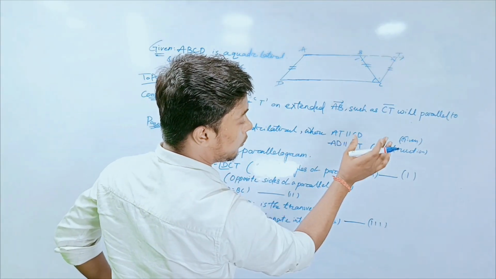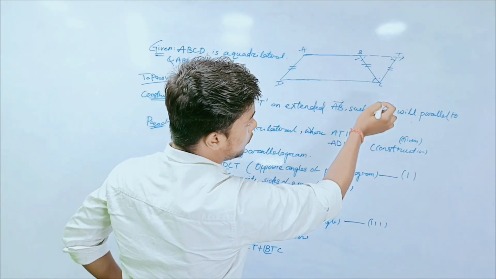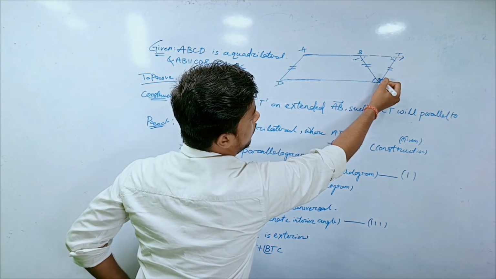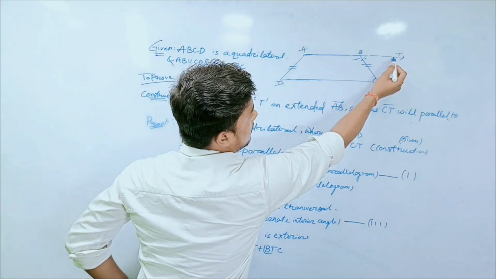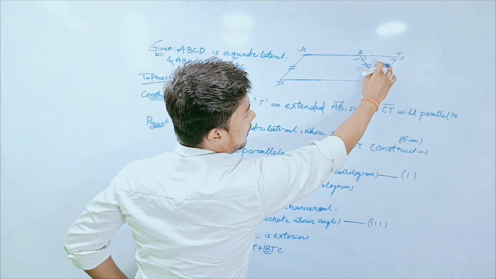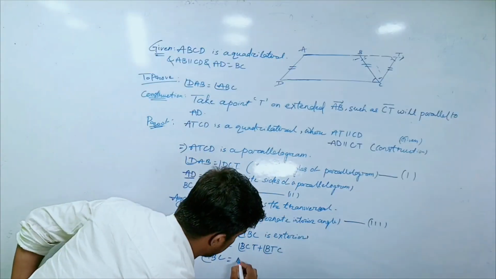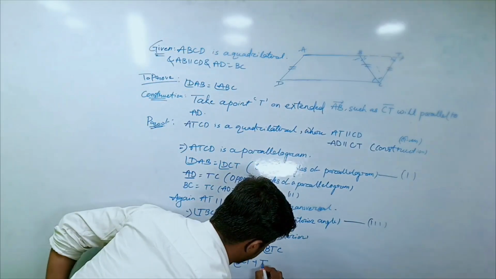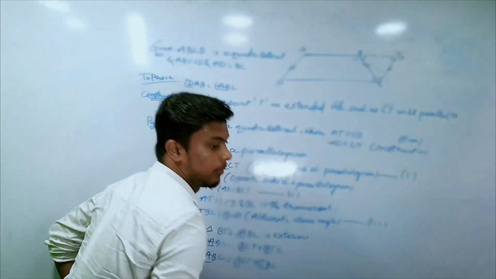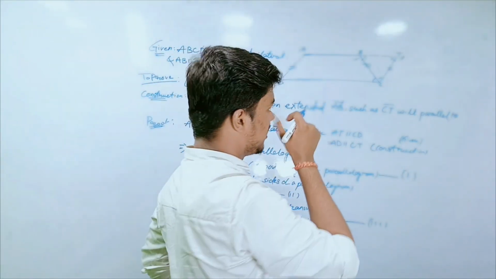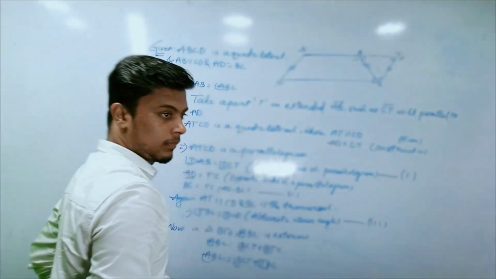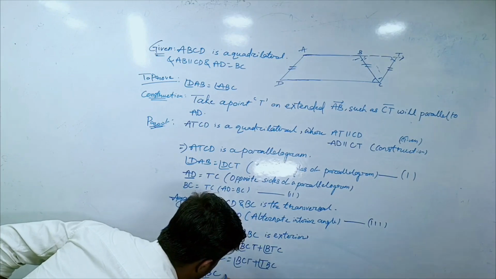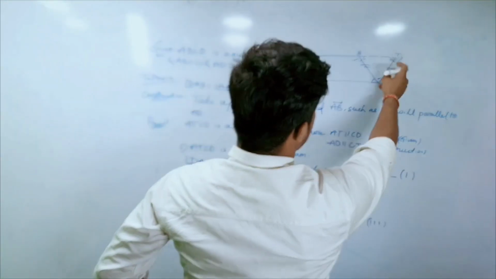So now our focus is that DCT and ABC should be equal. Since TBC and BTC are equal, instead of BTC we will write BCT plus TBC. So here again we will write ABC equal to BCT plus TBC.